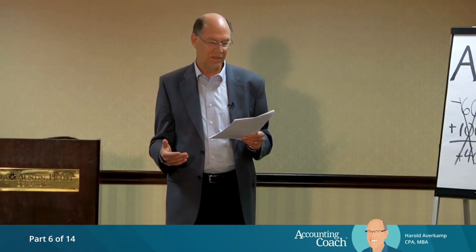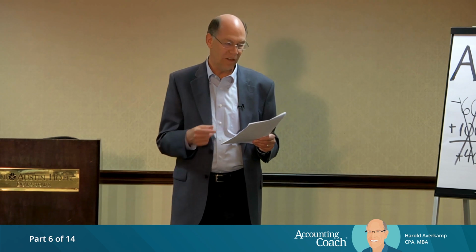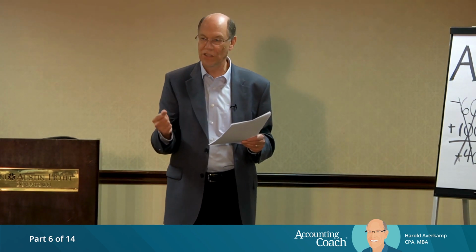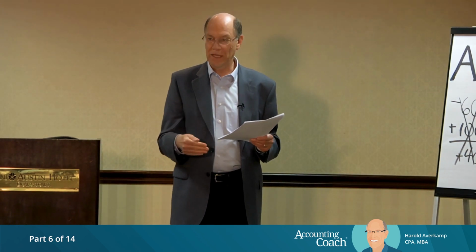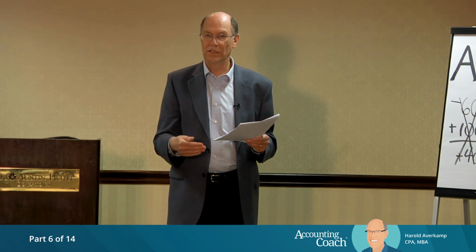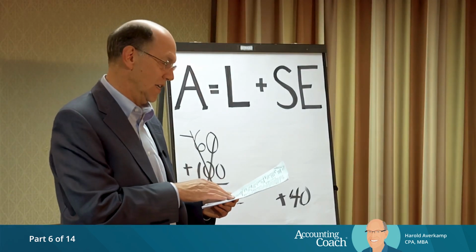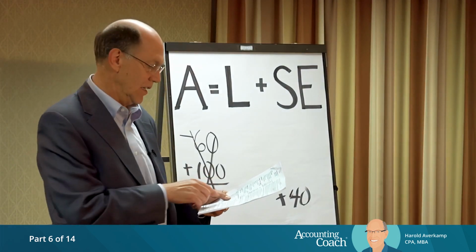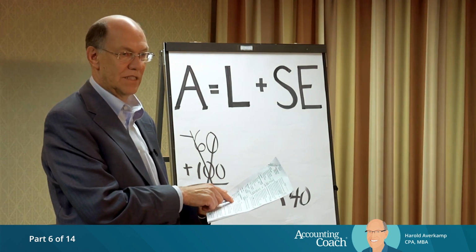Our utility bill for March electricity isn't going to come till sometime in April, because they're not going to read the meter till April 1st or 2nd, and then the bill gets prepared. We're not going to see it for 11, 12 days, and if we have to do the statement before we get that utility bill, we go and estimate, and we call that an accrual. So we accrue by debiting utilities expense and crediting accrued expenses payable, let's say.